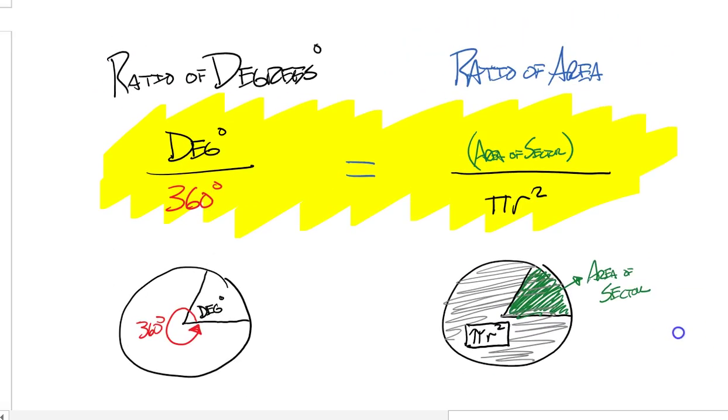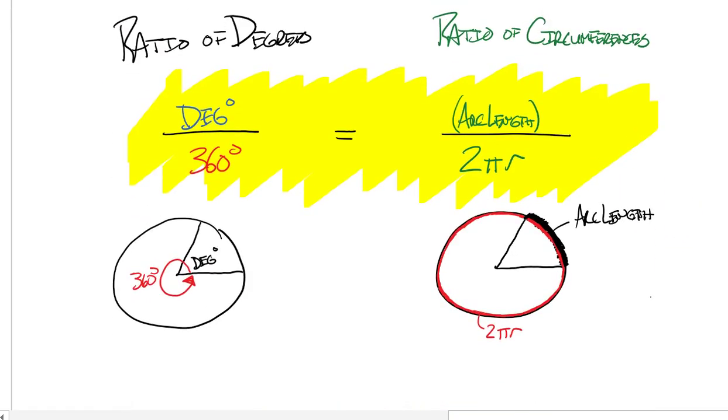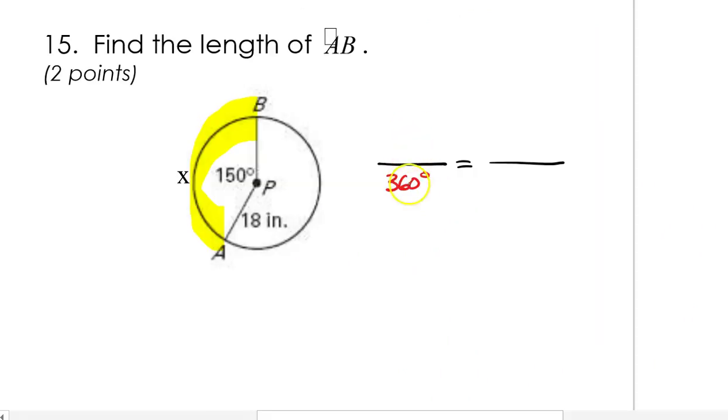If you notice, this is very similar to our ratio of degrees to ratio of areas, except there we're looking for the area of a circle. Here we're comparing it to the distance around a circle, or the circumference. Back to our problem. We'll set up the ratio of degrees. We know 360 degrees in a circle. Here we have 150 degrees.